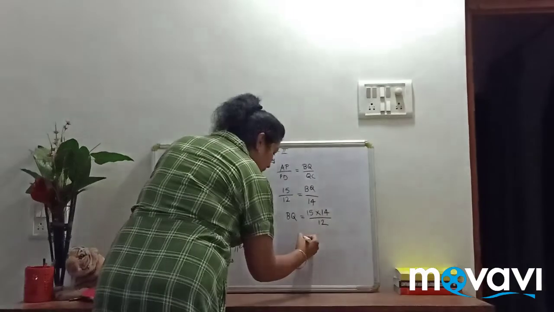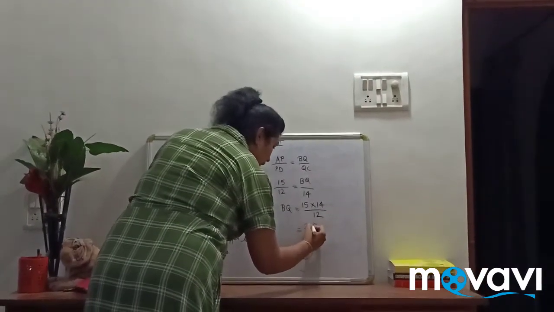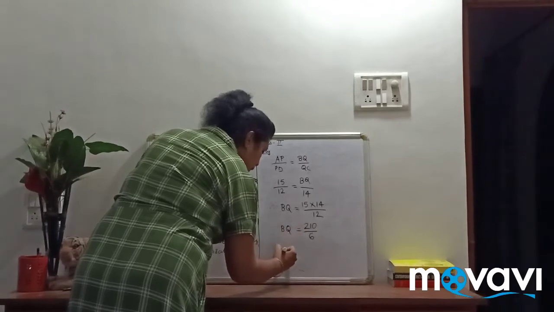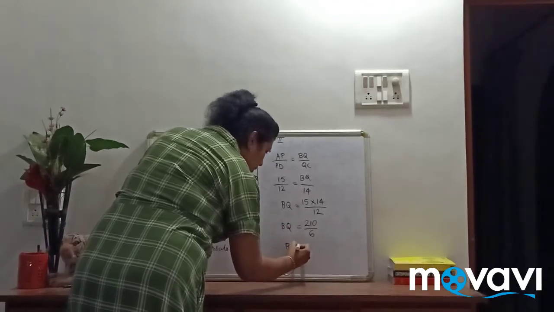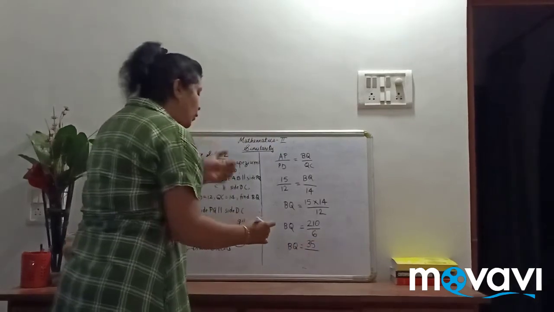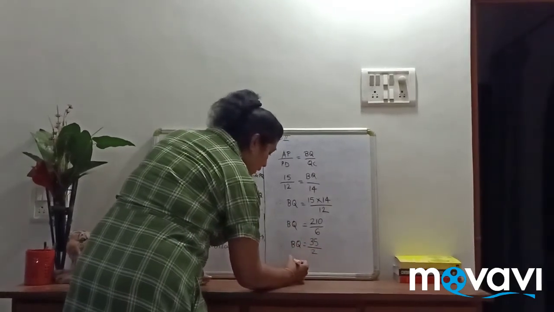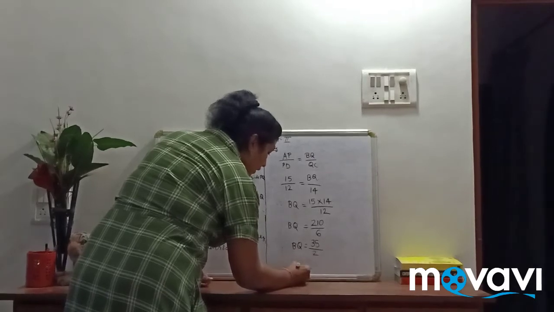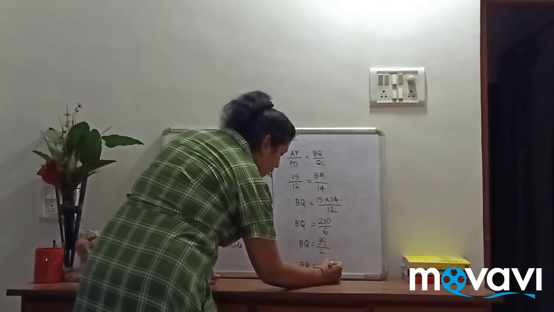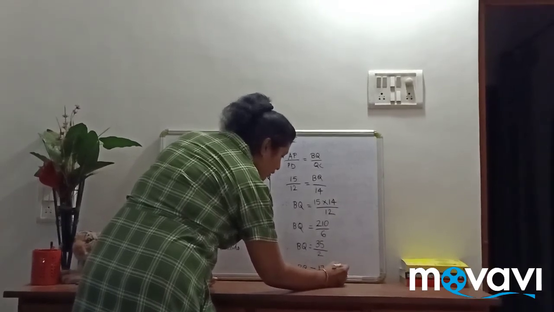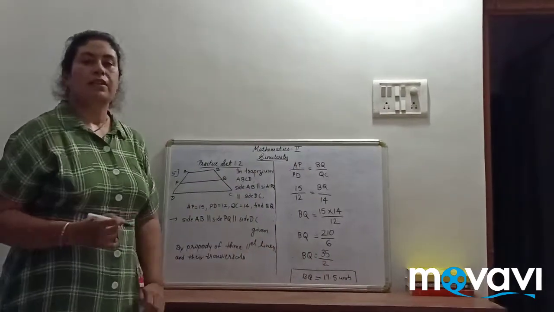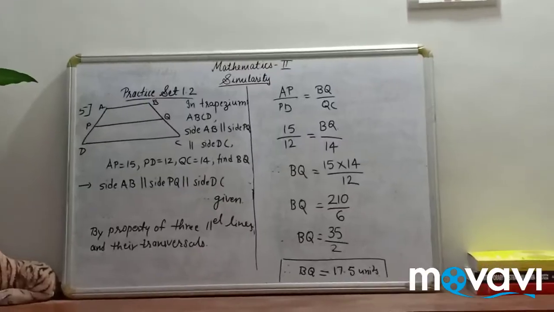So this gives me somewhere around 210 upon 6. Therefore, BQ will be equal to 35 upon 2. Therefore, BQ is equal to 17.5 units. That's your answer. Note it down.